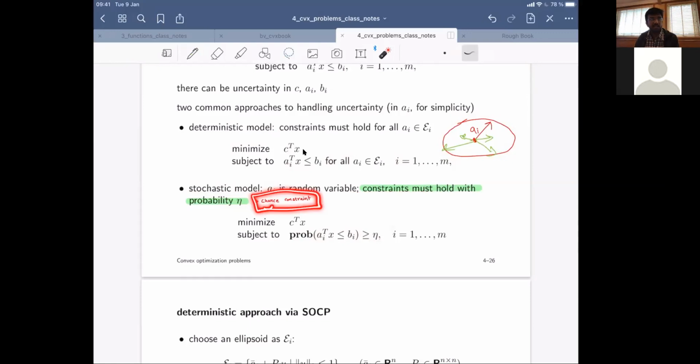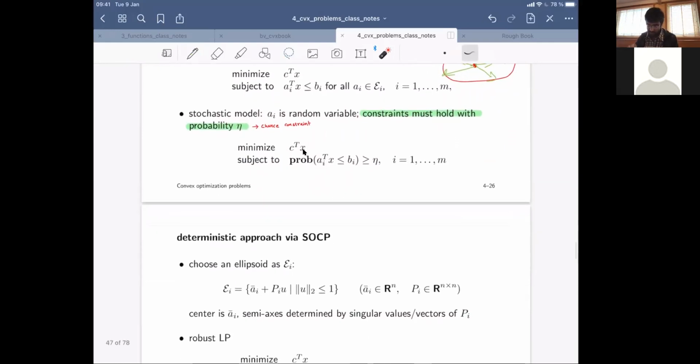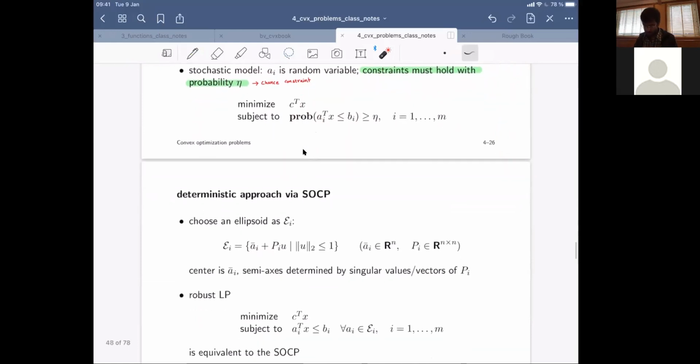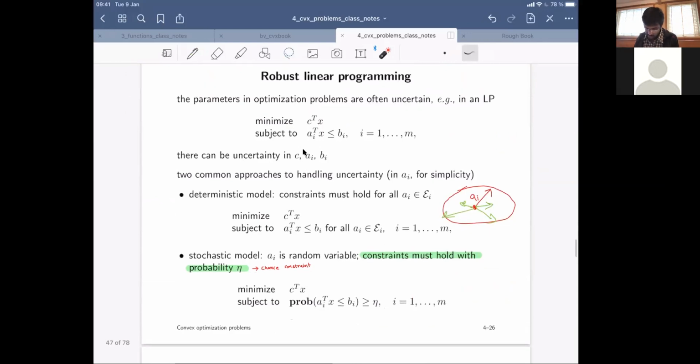Many theories have been developed to deal with such constraints, but we won't go into detail, we'll just see some aspects here.